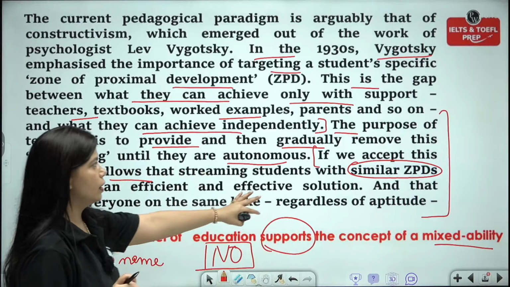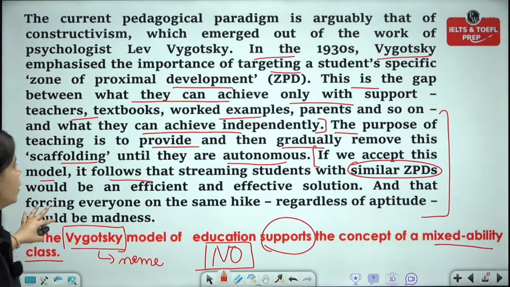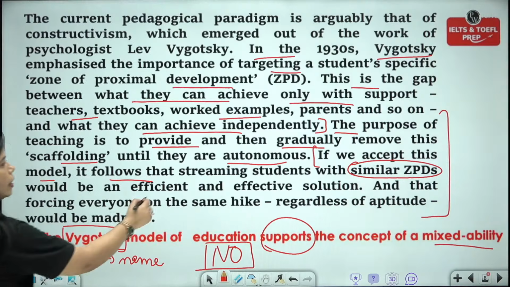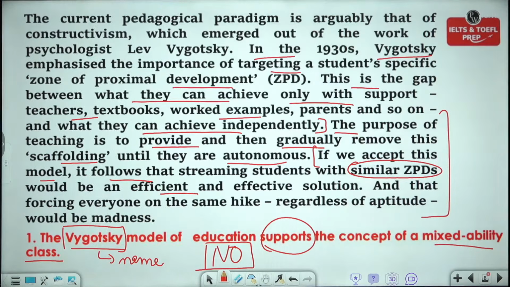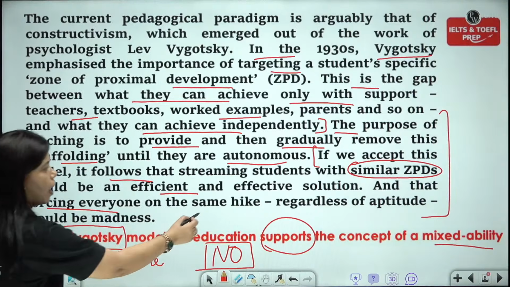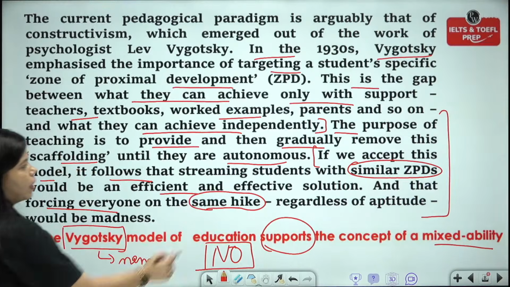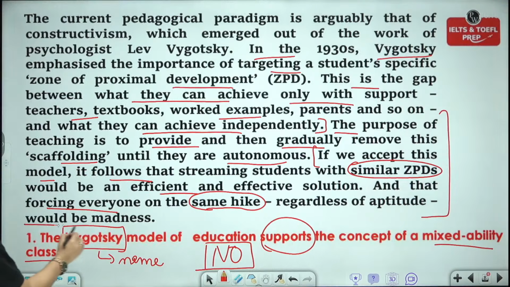Okay. So once again, let's read here. It says, if we accept this model, it follows that streaming students with similar ZPDs would be an efficient and effective solution, and that forcing everyone on the same hike regardless of aptitude would be madness.